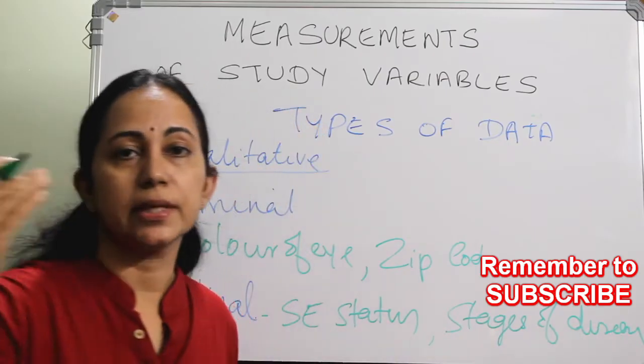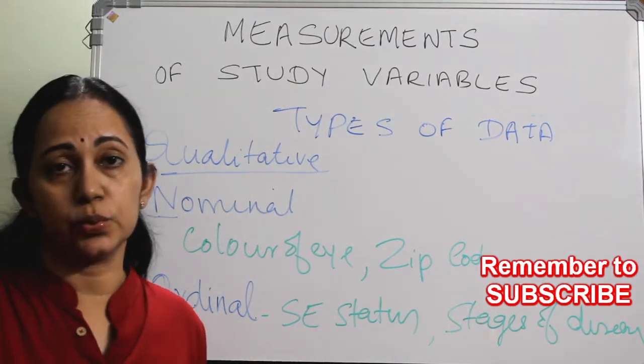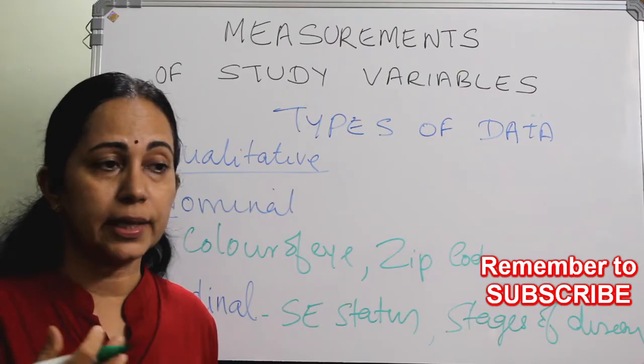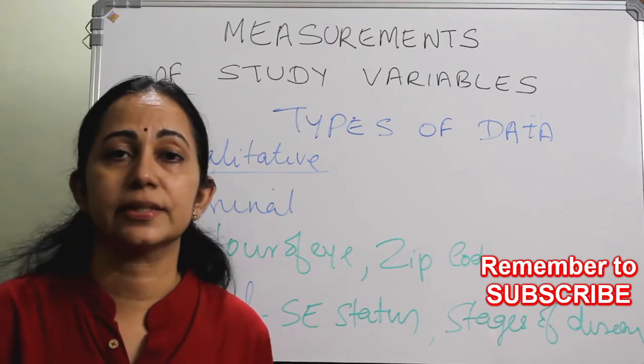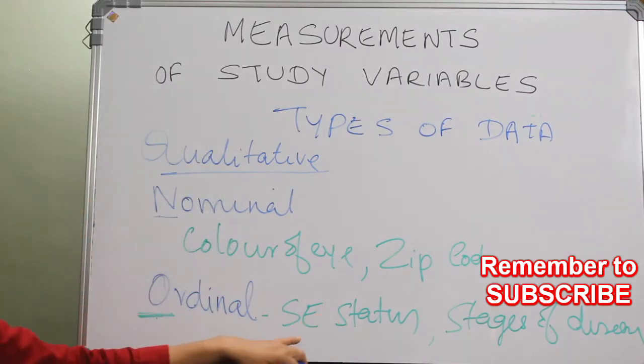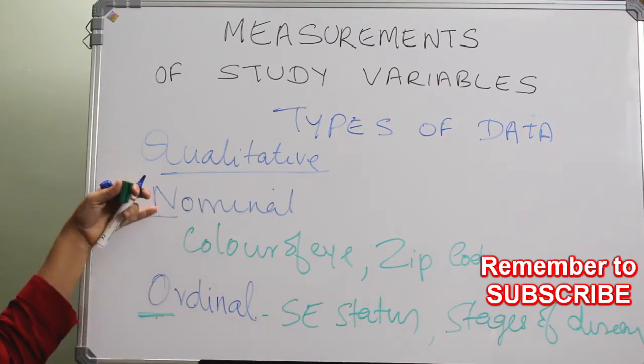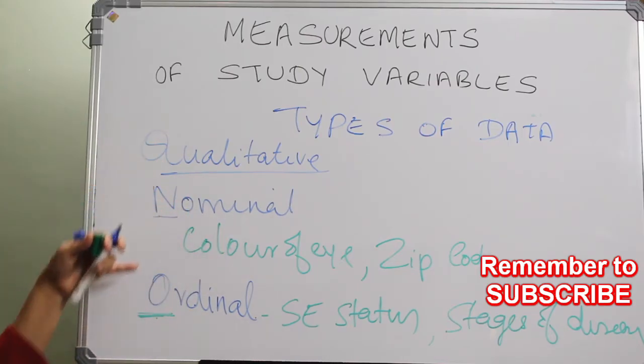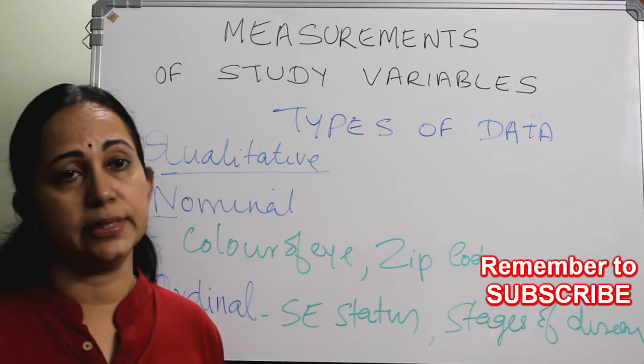We can classify stage 1, stage 2, stage 3. So there is a natural order. In case of COVID, it is category A, category B, category C. Like that we can divide. So under qualitative, it can be either nominal or ordinal data.